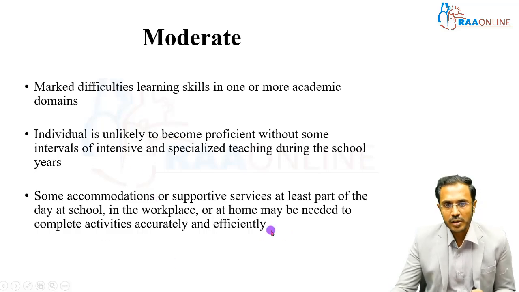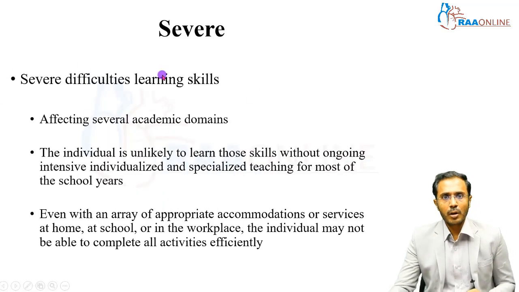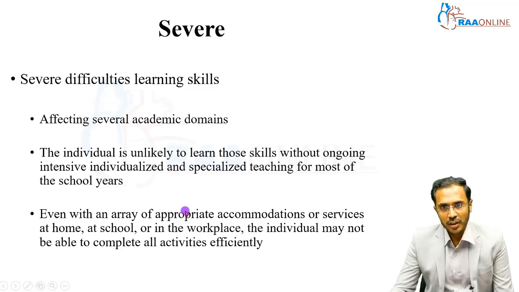will be able to function accurately and efficiently, which is not the case in severe. Here, affecting one or more domains, individuals are unlikely to learn without specialized teaching; without intense remediation, they will not be able to function. But even with specialized teaching and even with appropriate accommodation, children with severe specific learning disability will not be able to function adequately.